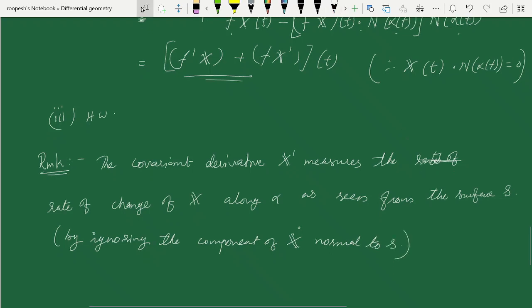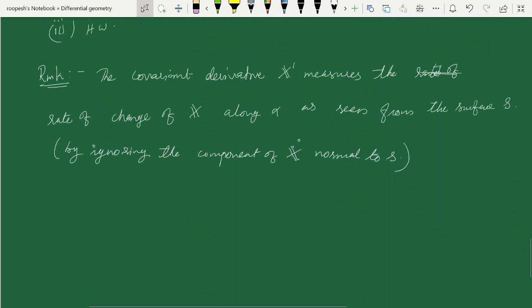This means, as we have said, we can take the rate of change of x. Suppose this is a surface. Along the normal direction we can check how it is changing, so that way you can measure the rate of change. Another way is to take tangents, and see how it varies.